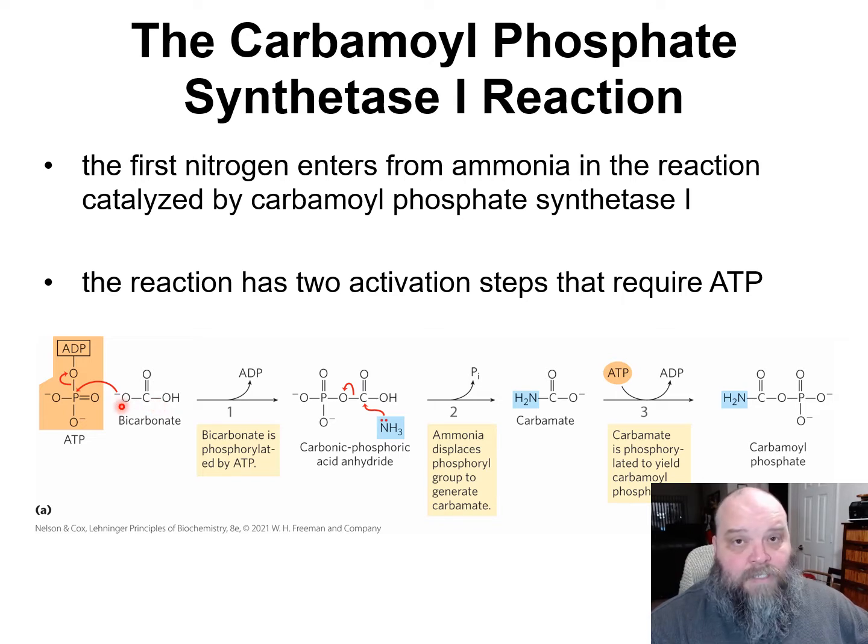There's that third oxygen I didn't count when I was counting on the last slide because it's now more associated with this inorganic phosphate group. Releasing ADP, and you now have an intermediate carbonic phosphoric acid anhydride.